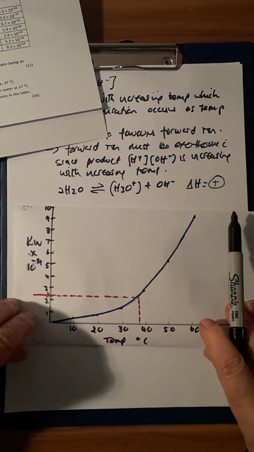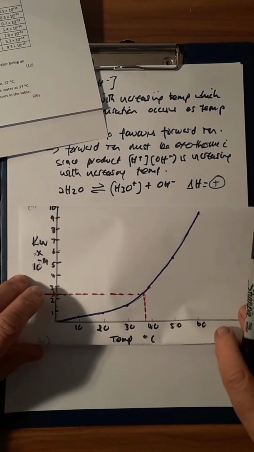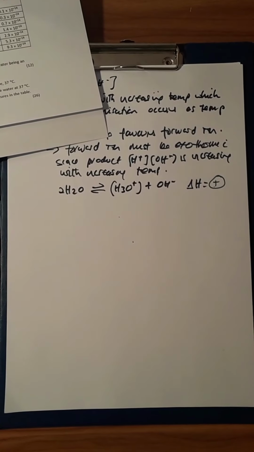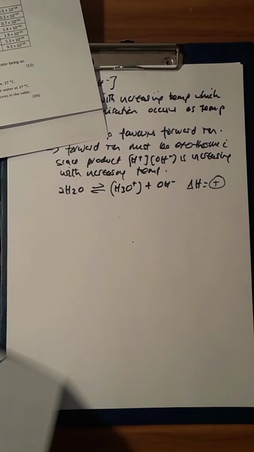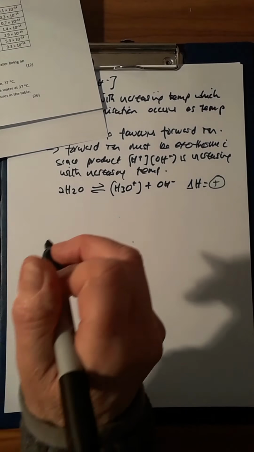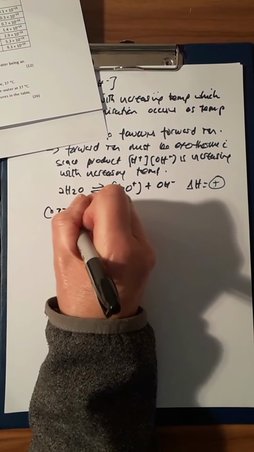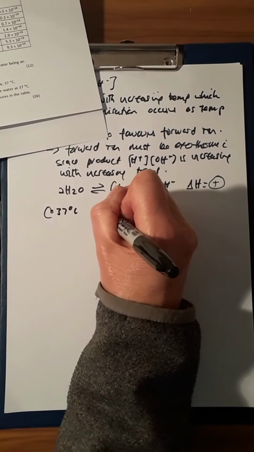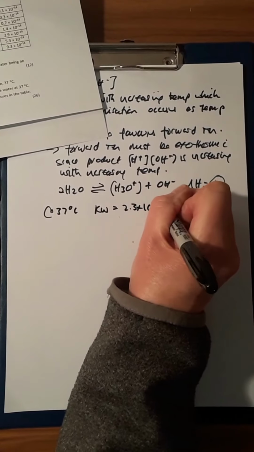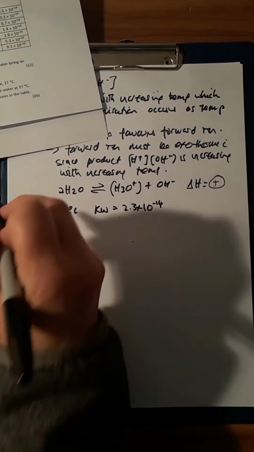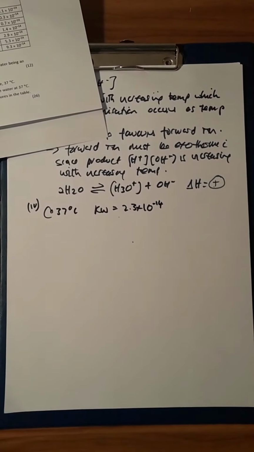When I did that, reading off this value gives me about 2.3 by 10 to the minus 14. Now I shouldn't say about because it should be on graph paper. So I'm going to say that at 37 degrees Celsius, my Kw is 2.3 by 10 to the minus 14. Okay, so that's part 4 of the question. Part 3 was the graph.